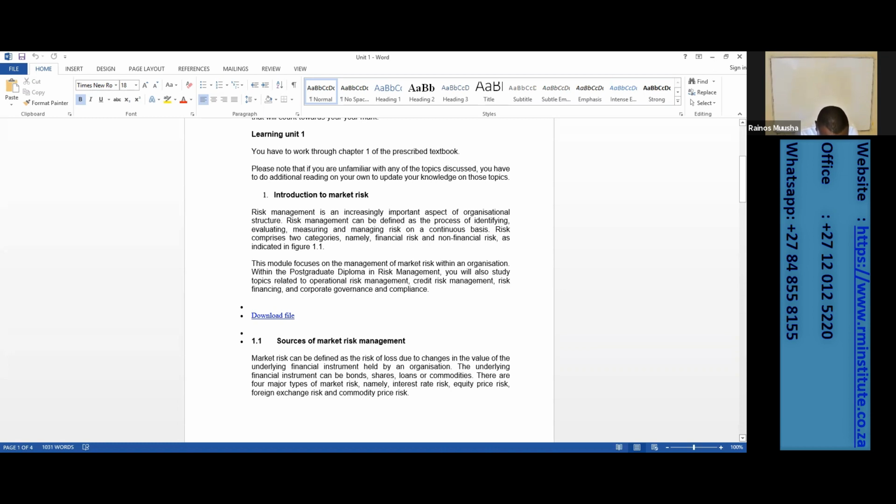This module focuses on the management of market risk within an organization. Within the postgraduate diploma in risk management, you will also study operational risk management, credit risk management, risk financing, and corporate governance and compliance, which are the other risk modules you can expect to see. So when you look at figure 1.1, it shows you the different components which comprise risk.